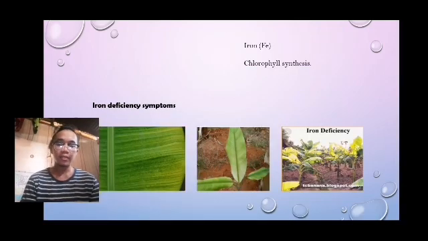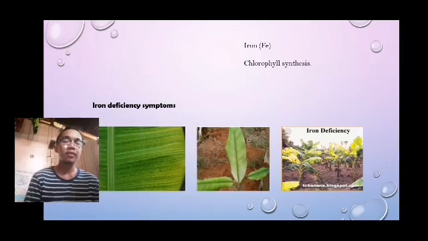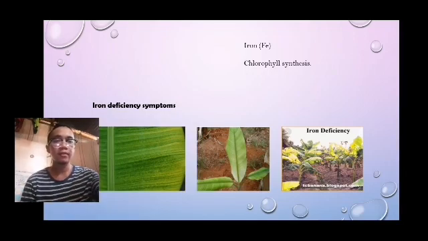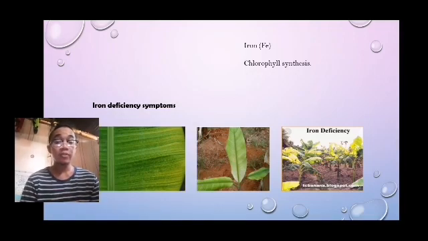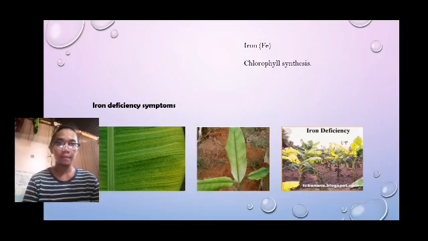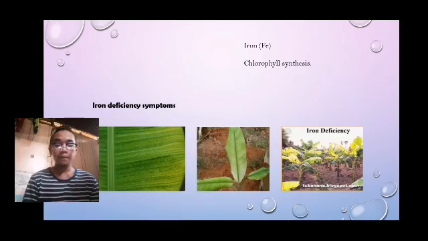The next is iron. Its function in banana is chlorophyll synthesis. It is a constituent of cytochromes. It is involved in photosynthesis and nitrogen fixation. It is involved in nitrate and sulfate reduction processes by peroxidase and aldolase.